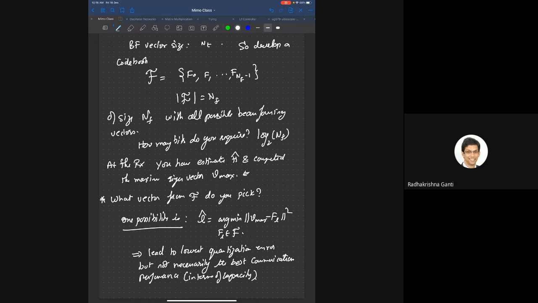So you understood. One simple possibility is you choose the one which has the smallest Euclidean distance from Vmax. That will always lead you to the lowest quantization error, but that may not be the best in terms of actually improving and maximizing your capacity.